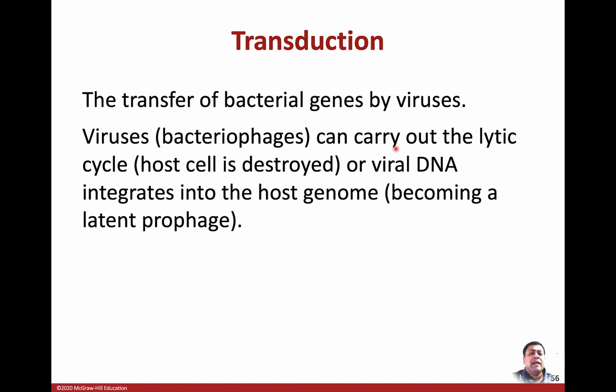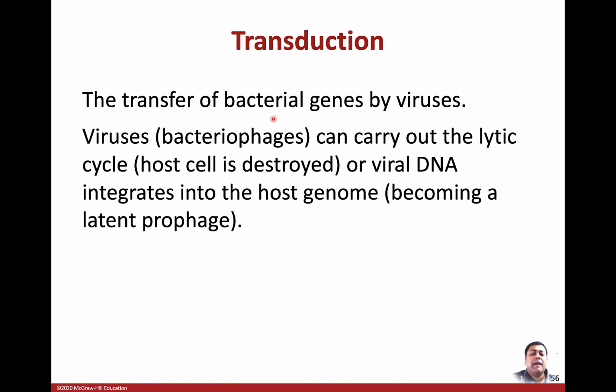So this is the transfer of bacterial genes by viruses, or bacteriophages, which can carry out a lytic cycle. The host cell is destroyed, or a viral DNA integrates into the host genome, becoming a latent prophage. So let's explain this. These bacteriophages can come in two different forms. The first type of form, we call virulent phages.